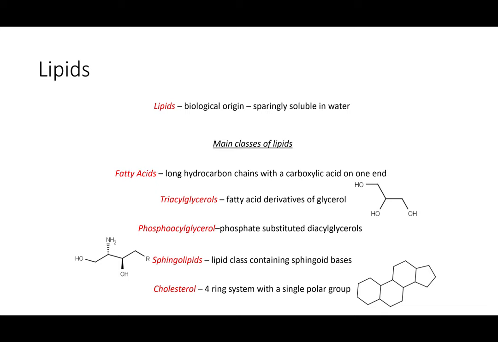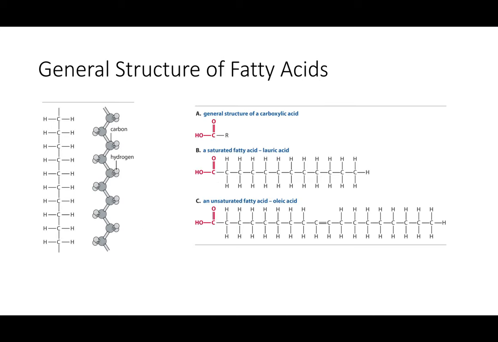And then cholesterol is a really large class of molecules that are derived from this 4-ring system. We'll look at 3 of these in a lot of depth, and then we'll talk about cholesterol a little bit. We're not going to dive into the sphingolipids because at the end of the day, the chemistry is really similar to what we see with our triacylglycerols. And again, this is being recorded, so if you don't get all the notes down, it'll be online.